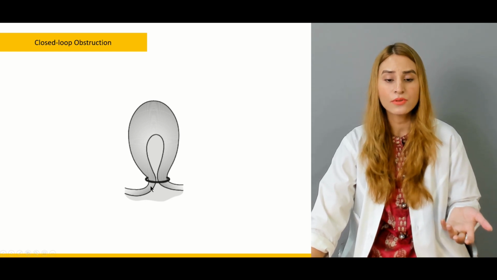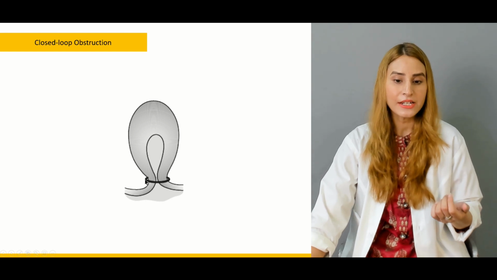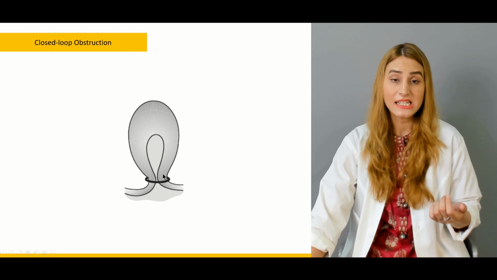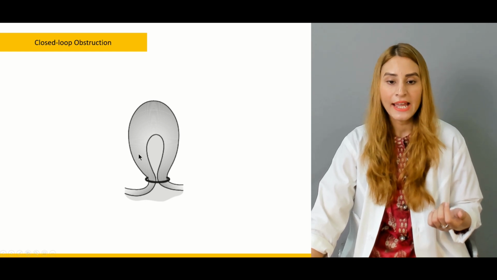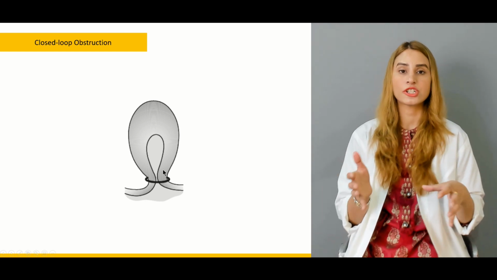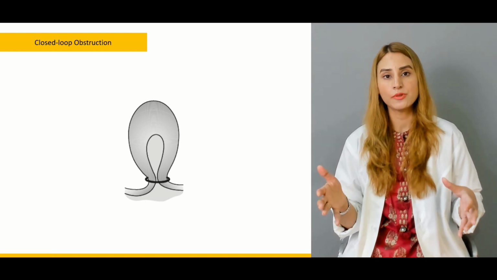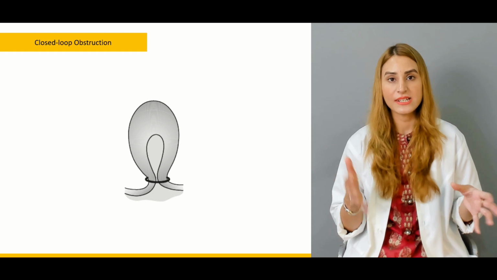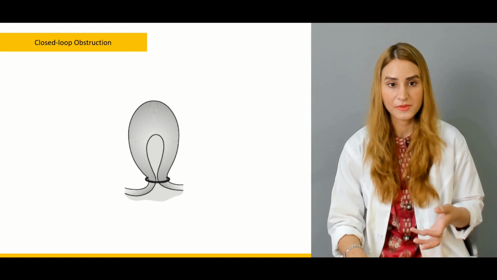The proximal segment is obstructed, the distal segment is also obstructed, and in between there's a small dilated portion of the gut, so this is called a closed loop obstruction.